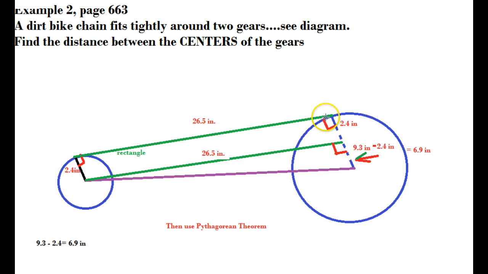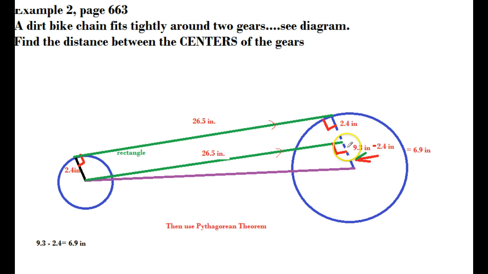Then, because of parallel lines, we're told these are parallel. Let me just mark that in. We're told to draw these such that they're parallel. Then we know that if this parallel line is perpendicular to this radius, this parallel line is perpendicular to this radius, and now we have a right triangle which we are happy with.